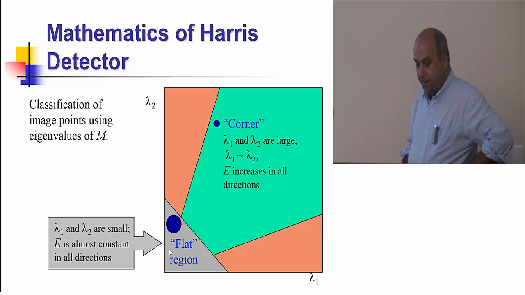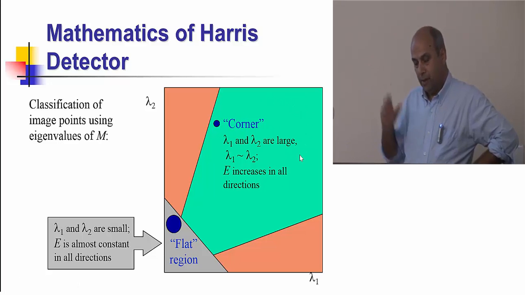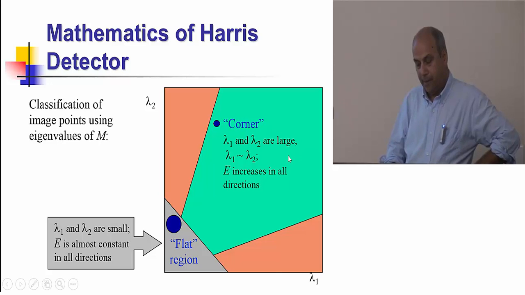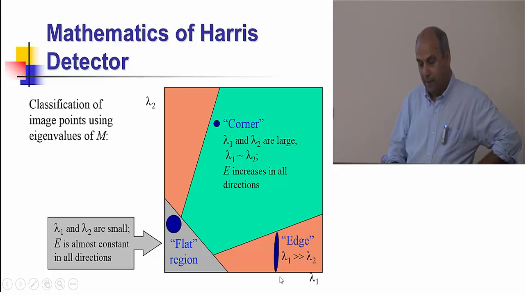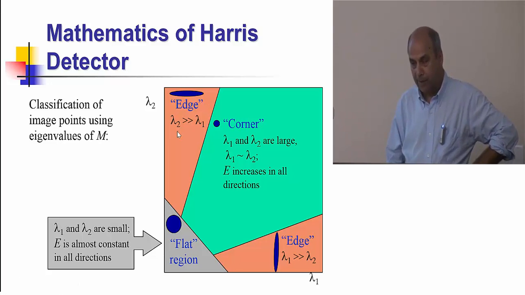If the eigenvalues are large and similar, then this is the area where it is a corner, the Harris corner will be around here. If one of the eigenvalues is very, very large compared to the other, that's like an edge. And this is another kind of edge, where lambda 2 is much greater than lambda 1.